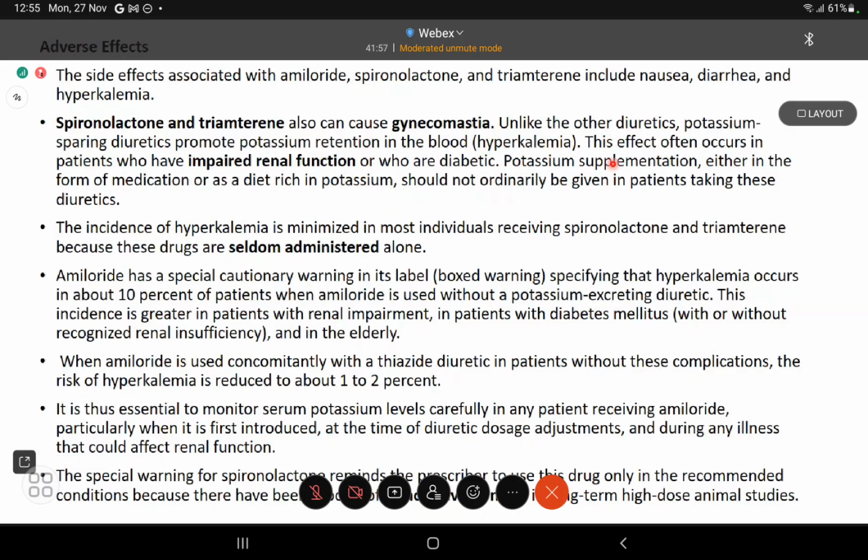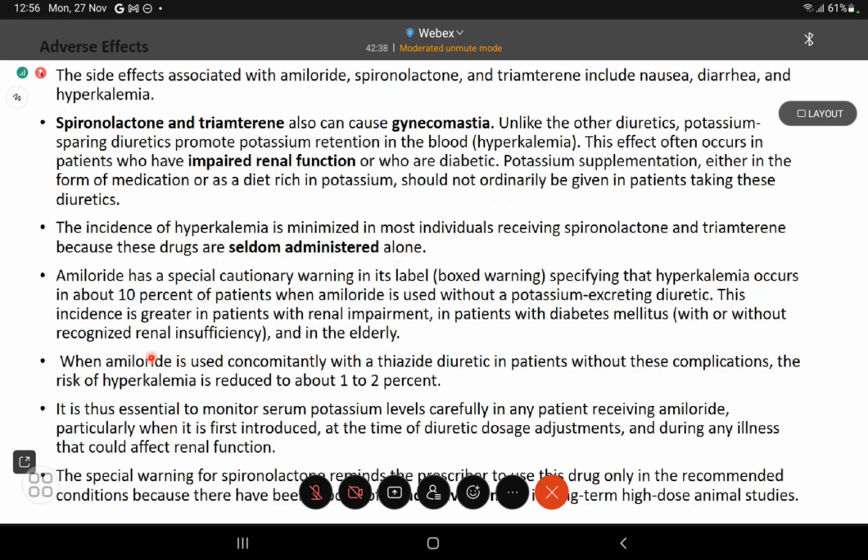So if you want to use a potassium supplement to control hypokalemia, think twice, because this may worsen your condition and double the amount of potassium in your bloodstream. Another thing is that this drug is seldom administered alone. They will administer it with others.